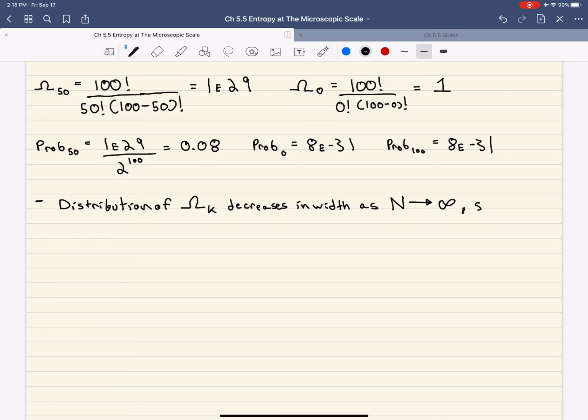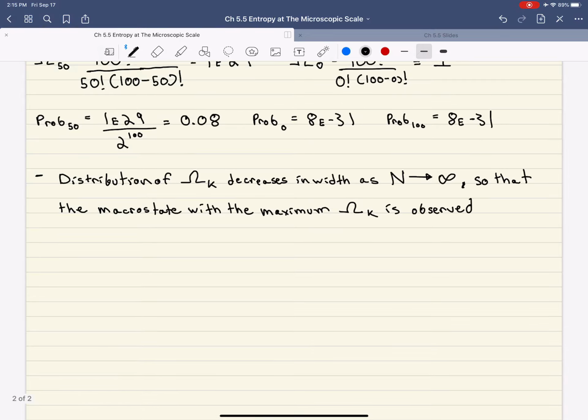And so at this limit, really the only macrostate that has a reasonable probability is the one that's observed.